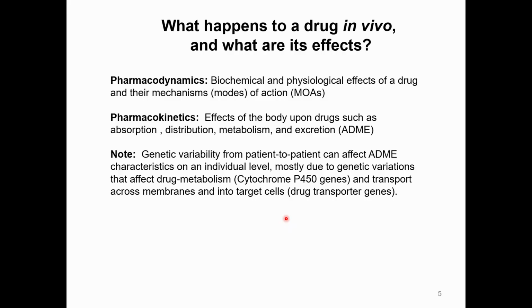Also, bear in mind that we're trying to figure out how given dosages work, but not all humans are the same. There's a lot of genetic variation between different individuals, and that's going to affect ADME and dosing. So for instance, there are a lot of very common genetic variants in the genes that encode CYPs, cytochrome P450s, and those are the enzymes that metabolize drugs.